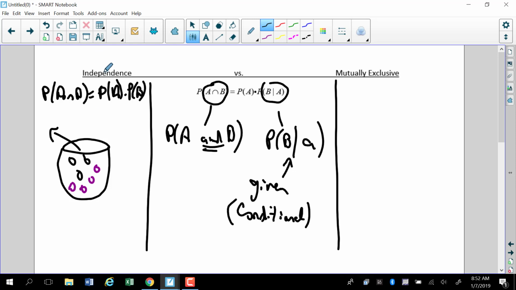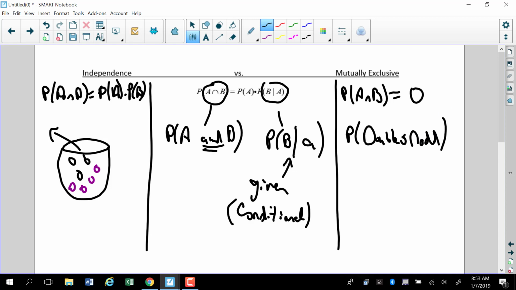Now, mutually exclusive means the probability of A and B is equal to 0. You cannot have both of them happen. So let's say you take the dice. What's the probability of rolling doubles and odd?